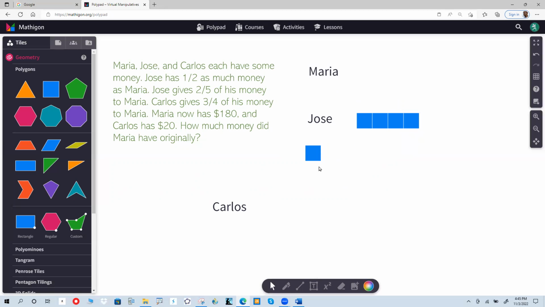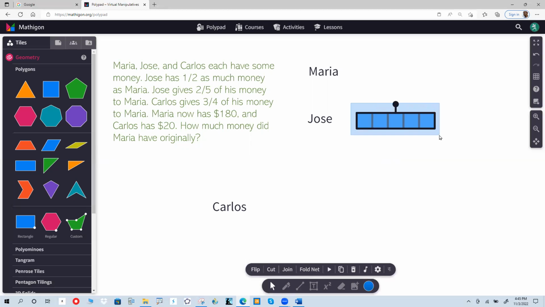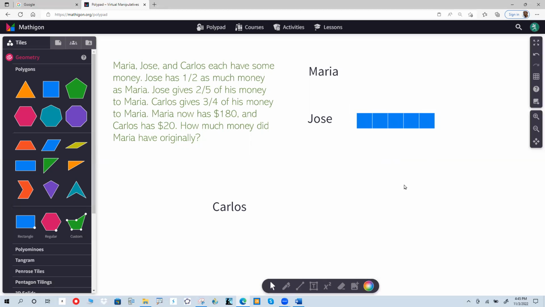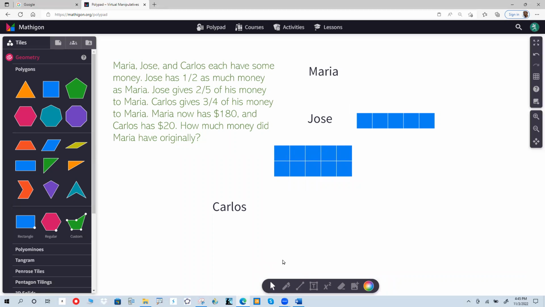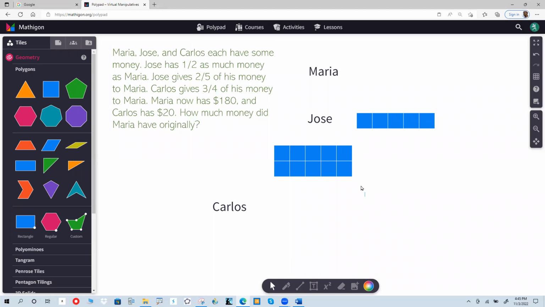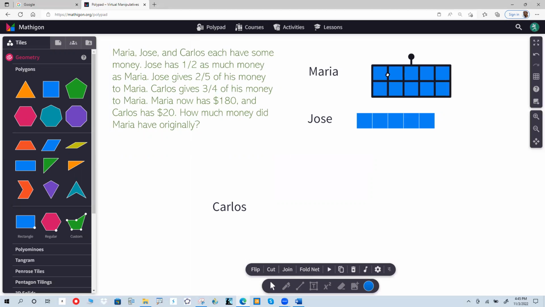Because he gives 2/5 of his money. If Jose's money has 5 parts, then Maria, since Jose is half of Maria, must have 10. Maria's money must have 10 equal parts.